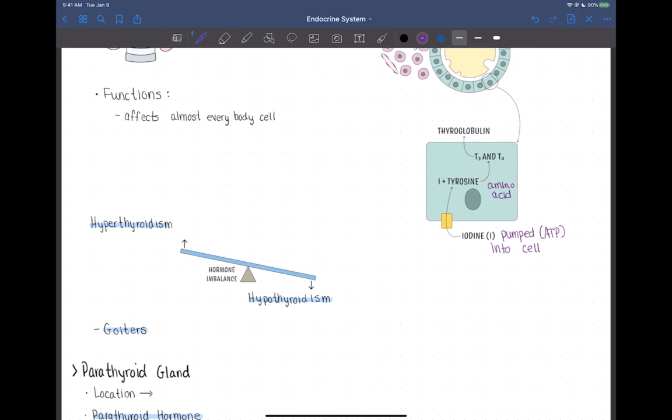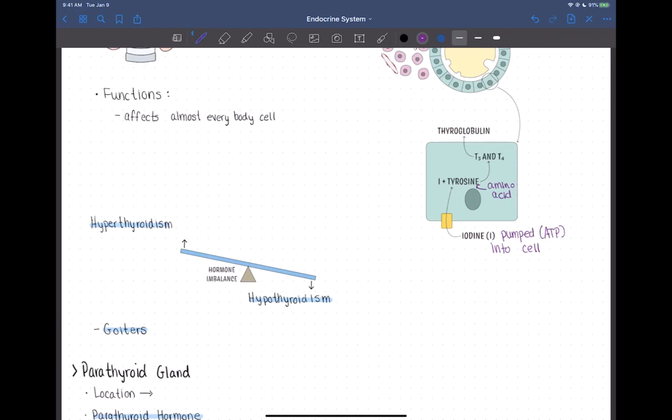Okay, so iodine combines with tyrosine and forms T3 and T4. Okay, and so T3 and T4 just differ based on the number of iodines they have. So T3 has 3 iodines, T4 has 4 iodines attached to that tyrosine. Okay? All right, so that's our thyroid hormone.